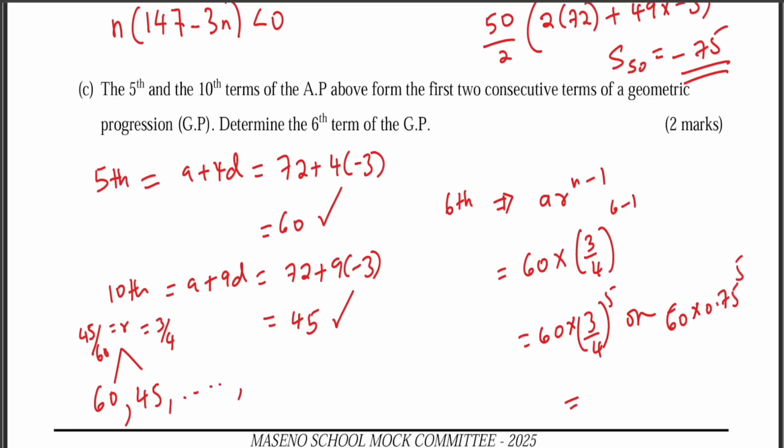It should give me 14.24. Let me do it again. So 3/4 to the power 5 gives me again 14.24 to 4 significant figures, and that is your answer.